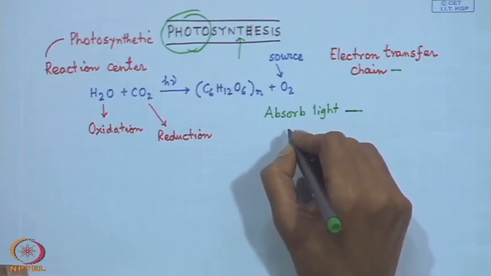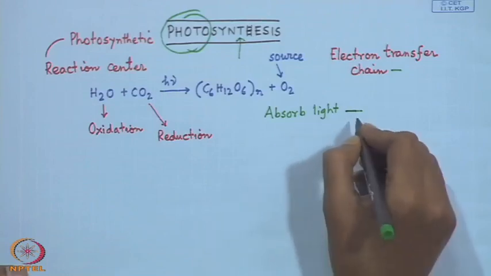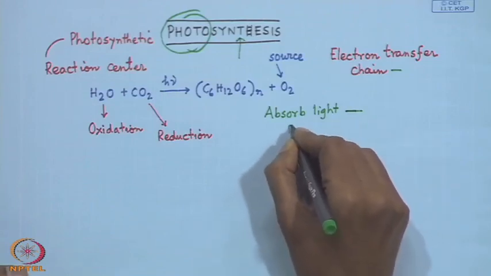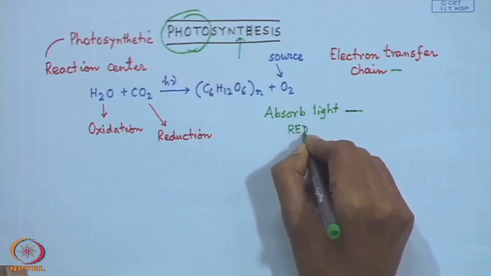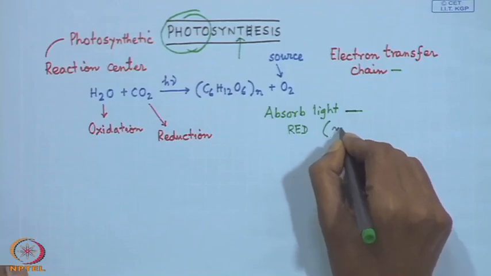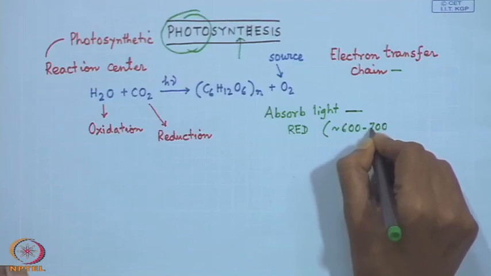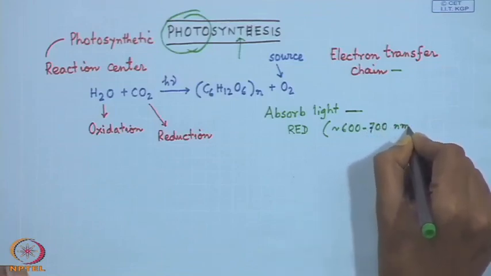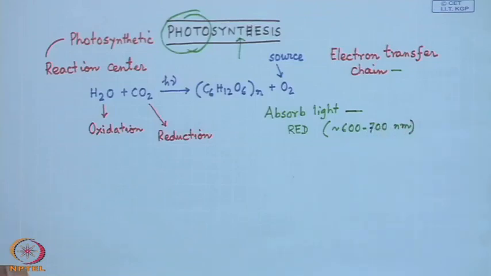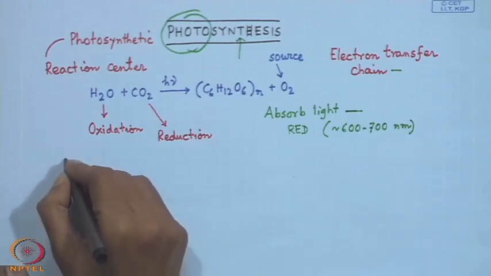In this particular case, we know that all the green vegetables absorb mainly the red light as well as some amount of blue light, in the range of 600 to 700 nanometer. So, some pigment is definitely present, the pigment of photosynthesis.